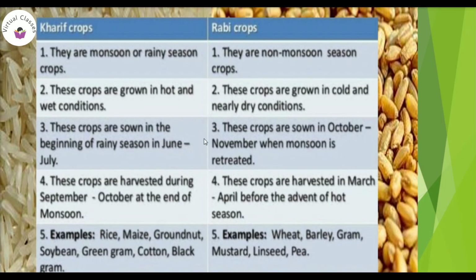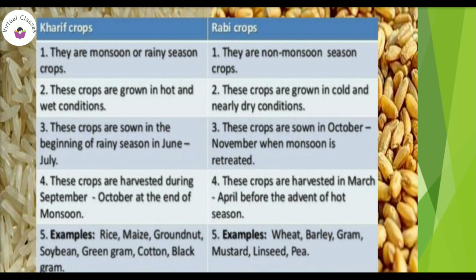Now let's understand the difference between two major types of crops, that is Kharif and Rabi crops. First is they are monsoon or rainy season crops, while Rabi crops are non-monsoon season crops. Kharif crops are grown in hot and wet conditions, while Rabi crops are grown in cold and nearly dry conditions. Kharif crops are sown in the beginning of rainy season in June and July, while Rabi crops are sown in October-November when monsoon is retreated.